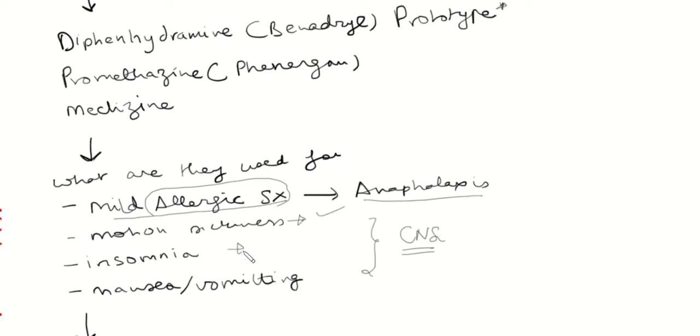If somebody can't sleep, we can give them some of these drugs, and they can go to sleep easier. Again, if there's nausea, vomiting, these drugs can assist with that as well. That's because they act on the central nervous system as well. They have some central nervous system effects. That also means that they have some central nervous system side effects.